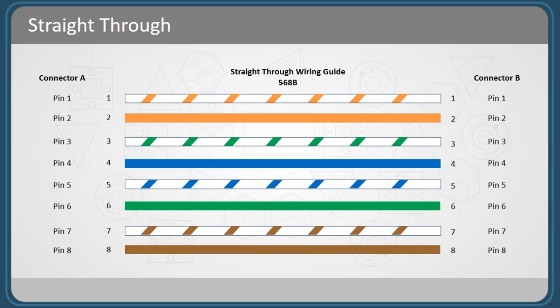So with the hub being on the central side, if you will, its wiring configuration is set so that it knows to receive from transmitting wires, and it knows to transmit to receiving wires on the other end. So this is by far the most common. You have to ensure that all of your computers connect to all of your switches with straight-through cables.